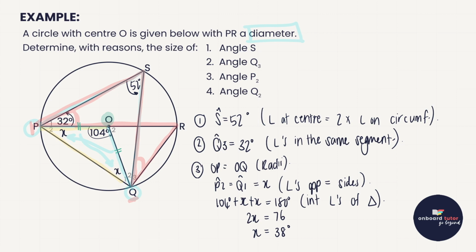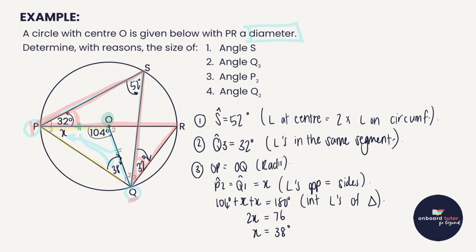And then they would like angle Q2. Okay, so we discovered at some point that this one here was 32 degrees. And we now know that X is equal to 38 degrees. So that one there is going to be 38 degrees. Then the only thing we haven't used yet based on the information that they gave us was the diameter.